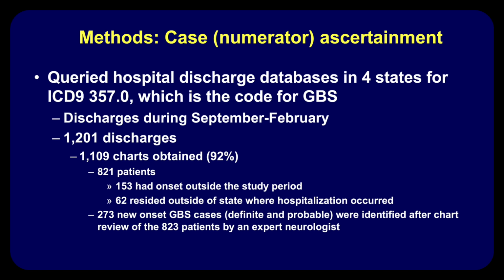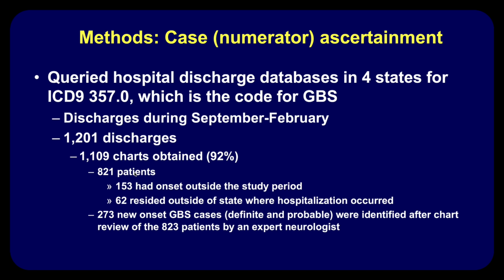So one individual can be represented many times in a given year in the Sparks data, and people can even be hospitalized for the same condition repeatedly. And so what you see is that these 1,201 discharges for which we requested medical charts, we got 1,100 of them, and those 1,100 represented about 821 different patients.